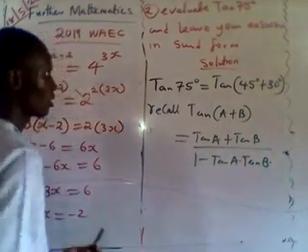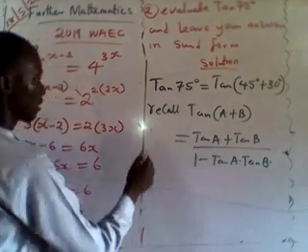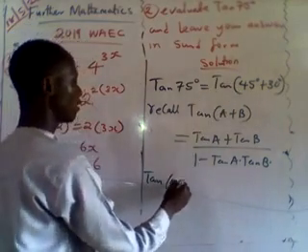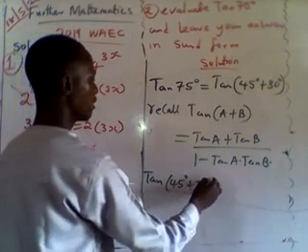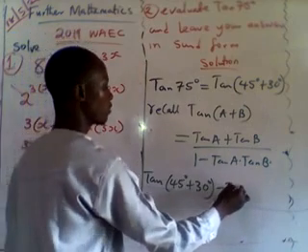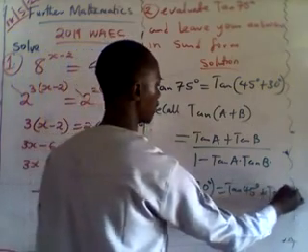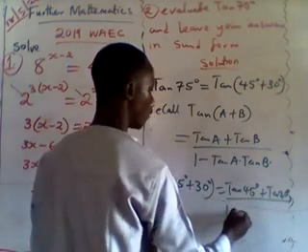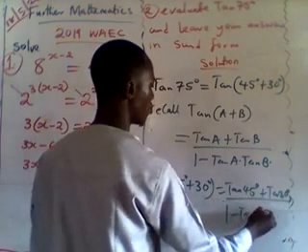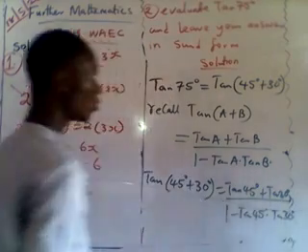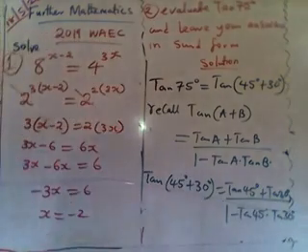So in this sense, tan of 45 degrees plus 30 degrees is the same thing as tan 45 degrees plus tan 30 degrees, all over 1 minus tan 45 degrees multiplied by tan 30 degrees. But where the problem lies is this idea.